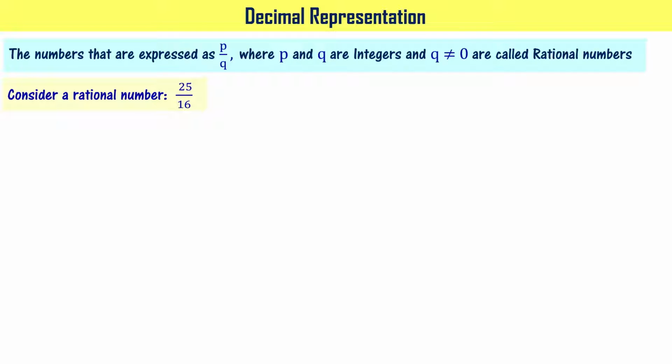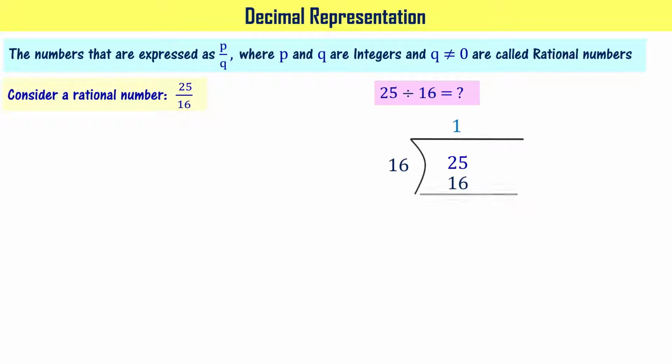Before learning to represent this in decimal form, you know that 25 by 16 can be written as 25 divided by 16, right? We have used the division method to find the quotient and remainder. Let's quickly recall that. When you divide 25 by 16, the quotient is 1.